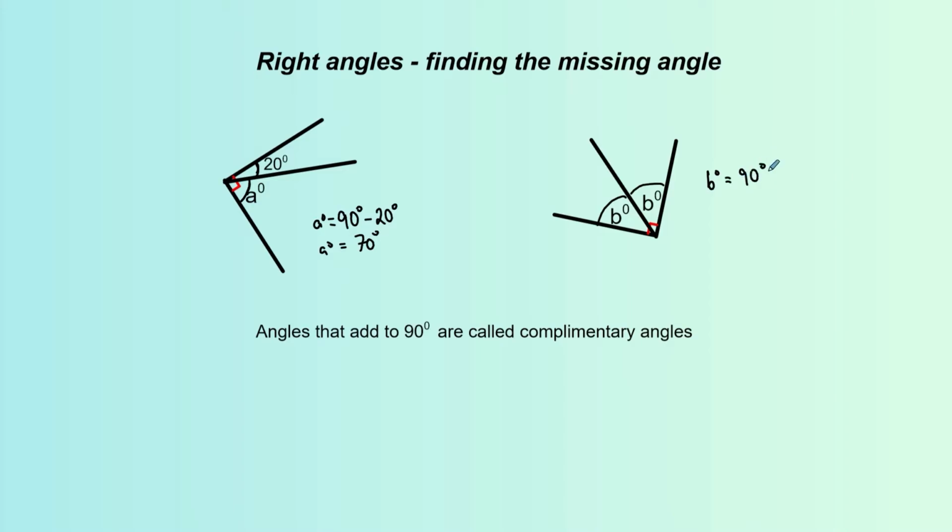Now splitting, remember, means divide, so split into two, and that would be 45 degrees. So B is 45 degrees, 45 add 45 is 90 degrees, so that adds up to give us a right angle. And you can see there's a little statement, you might see this sometimes used in textbooks and questions. 90 degree angles are called complementary angles.